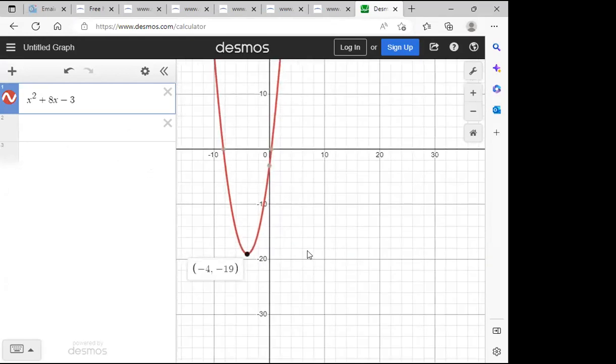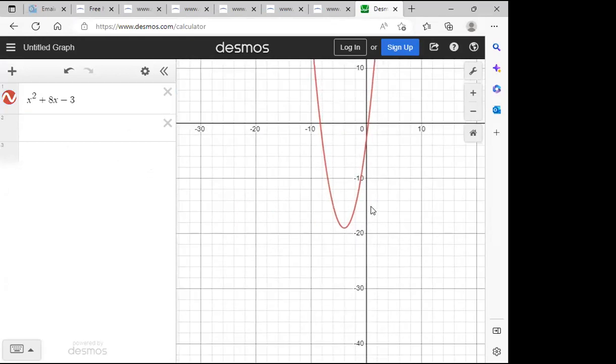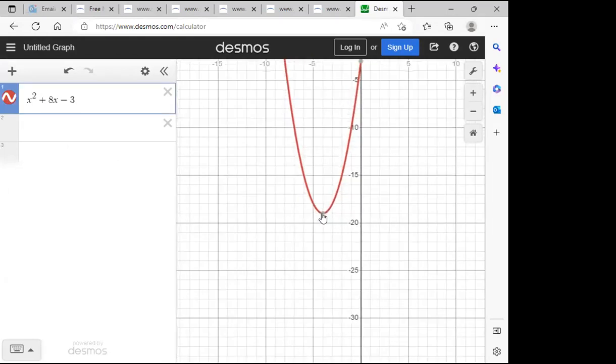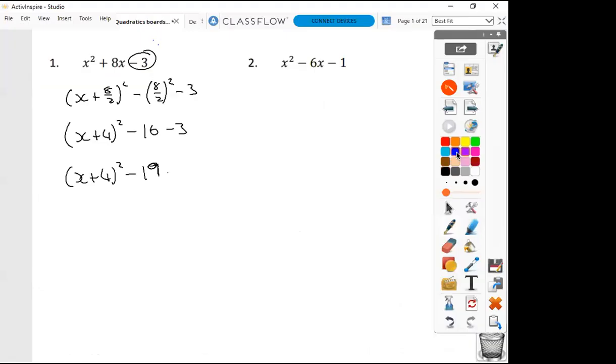Where we get a minimum point on that quadratic, we're getting a turning point of -4, -19. That coordinate we can lift from our completion of the square.